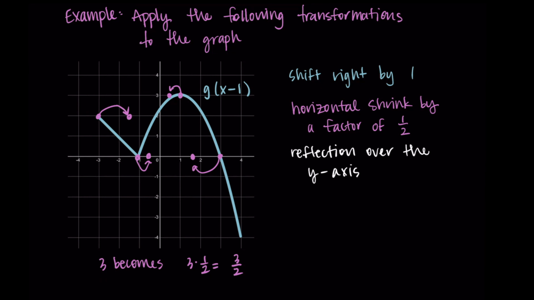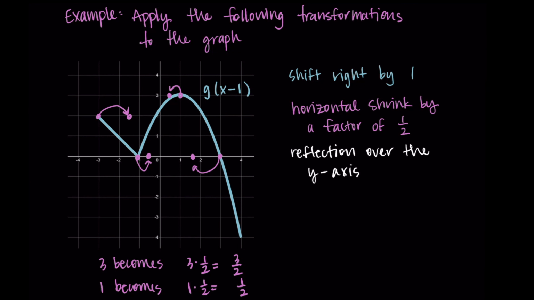Just to do 2 more points, if you look at the points at (-1, 0) and (1, 3), these are now both going to get shrunk horizontally. So the -1 becomes -1 times 1/2, or -1/2, and the +1 becomes +1 times 1/2, or 1/2. So this is how I sort of track what is happening to do that horizontal compression.